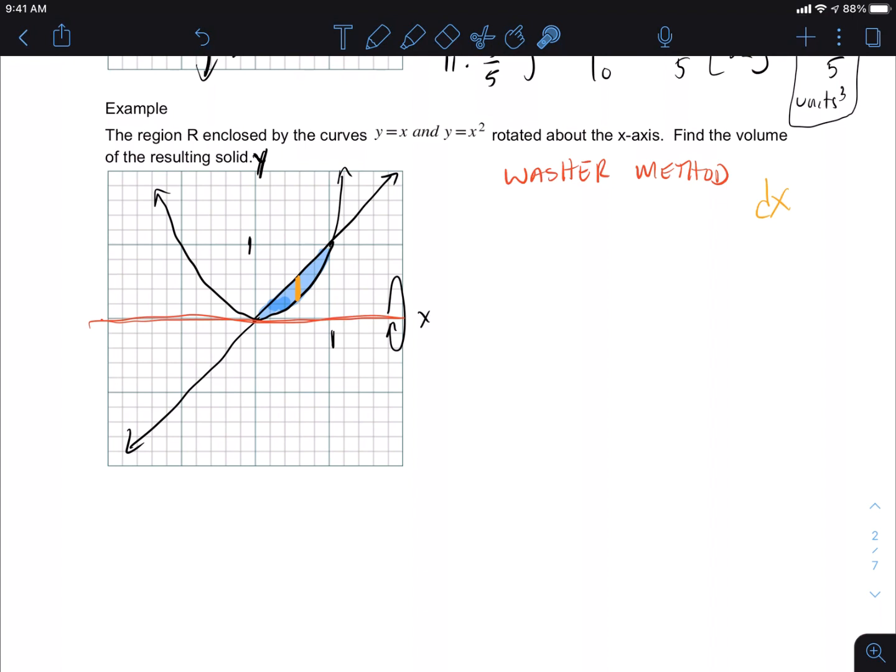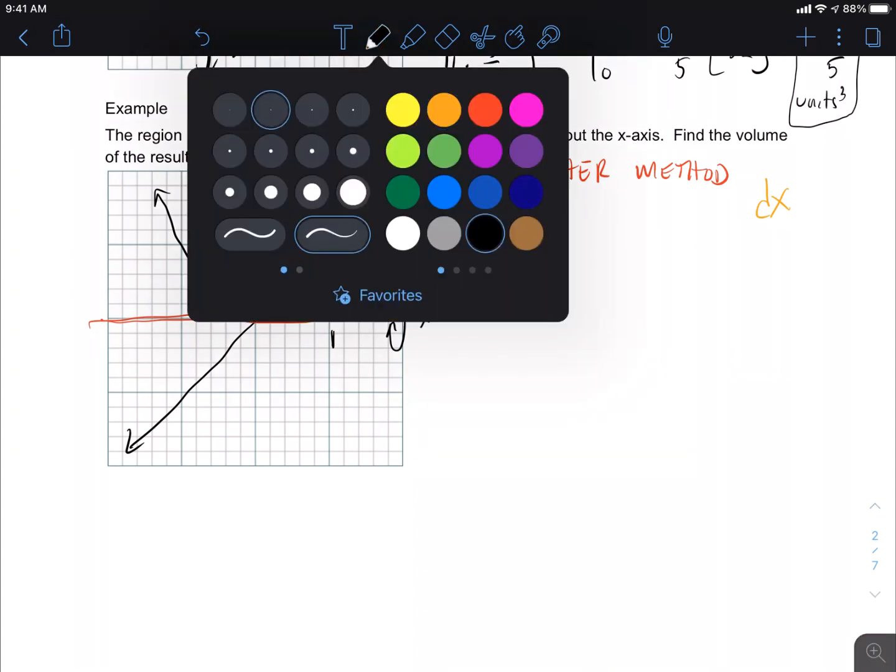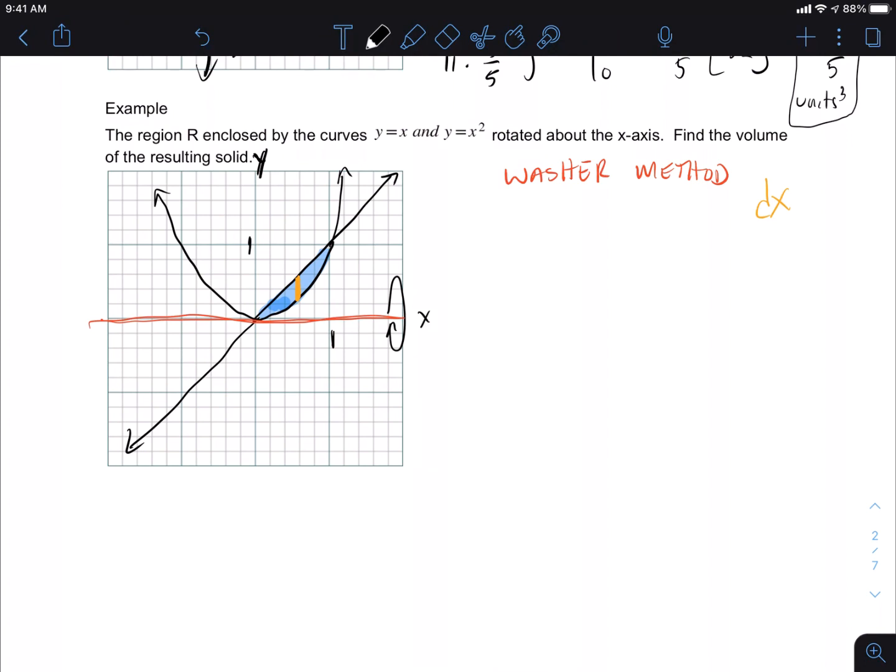Okay, cool, good. Now, in this case, it's very easy to see that the values are from 0 to 1, but I don't trust you guys. So what I'm going to do is show the regions it's bounded. So y equals x is equal to x squared, right?